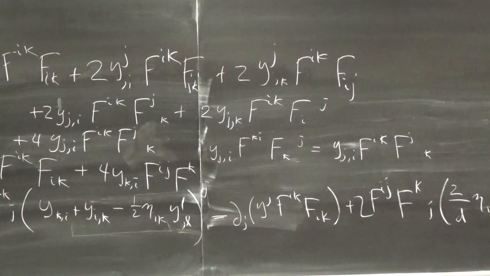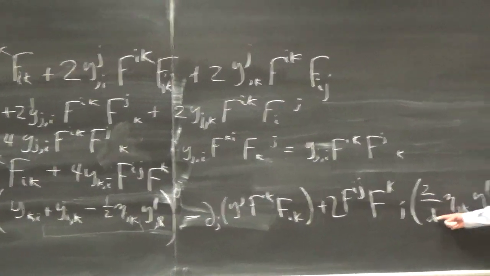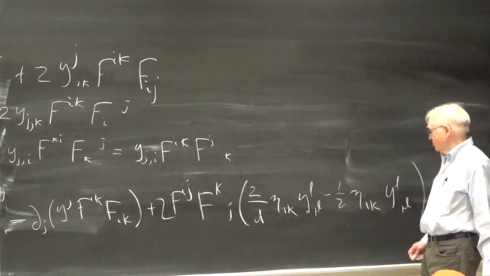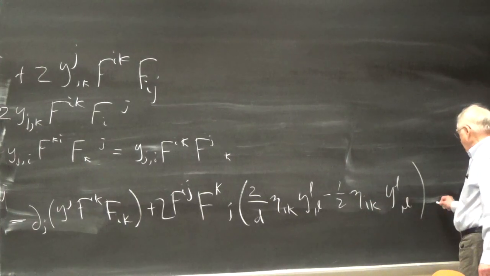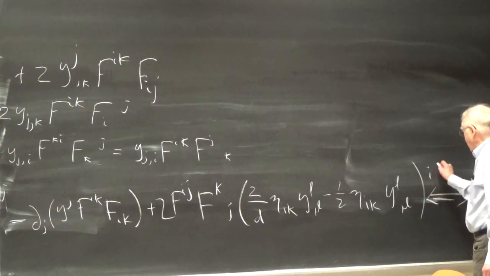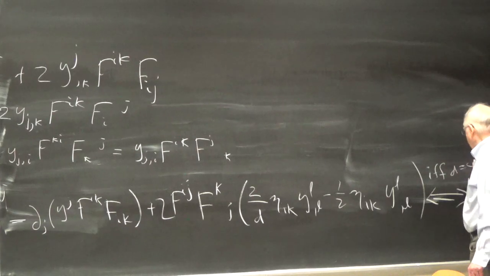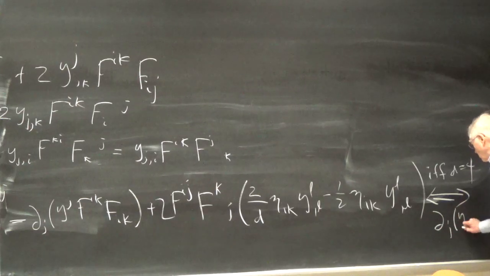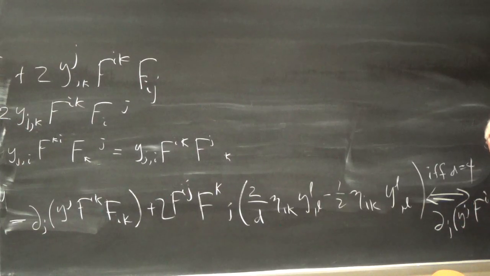Or, okay, well, I could write that in a better form, but there's no real need to. Notice, if we're in 4 dimensions, if d is 4, 2 over 4 is a half, that cancels this a half, this term goes away. So this is equivalent, if and only if d is equal to 4, to partial_j y_j f_{ik}.